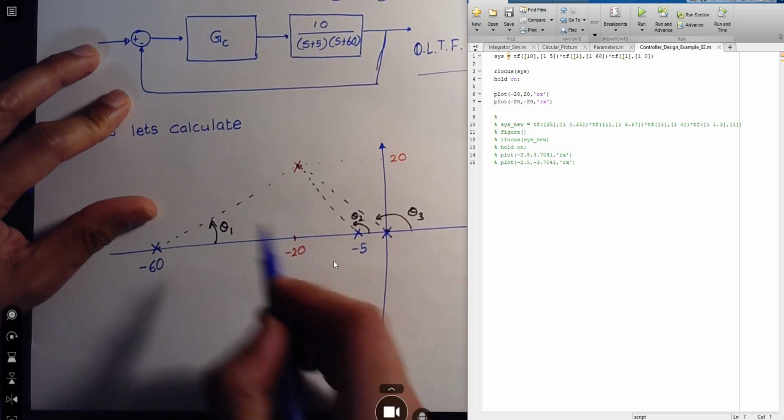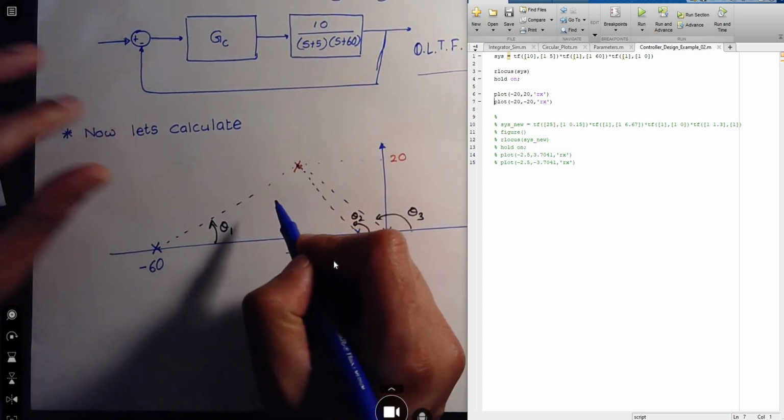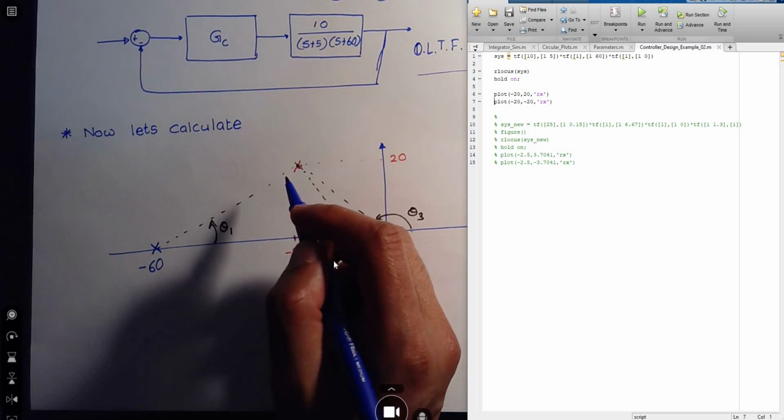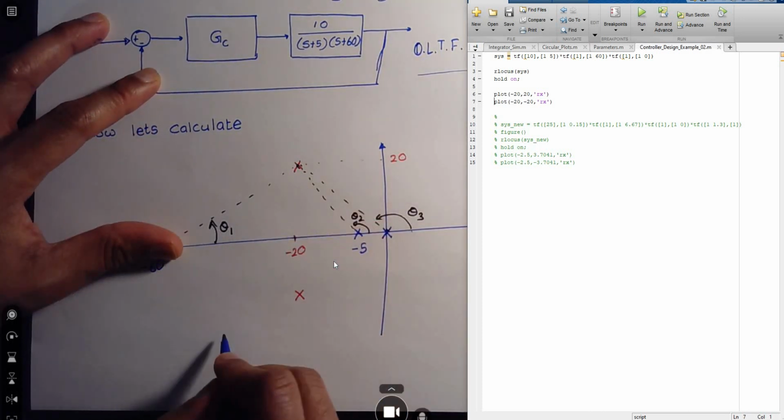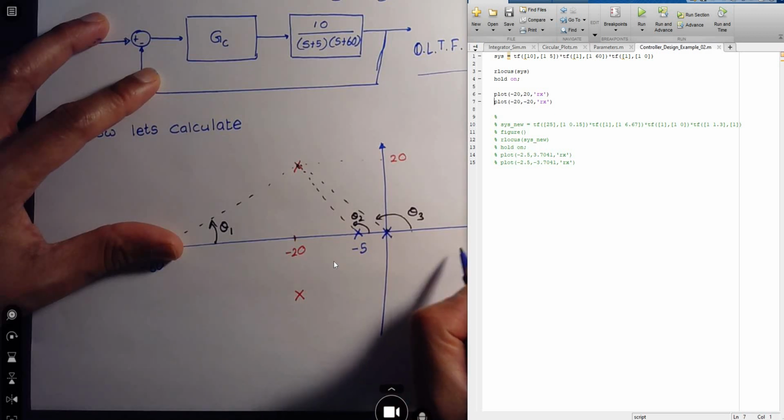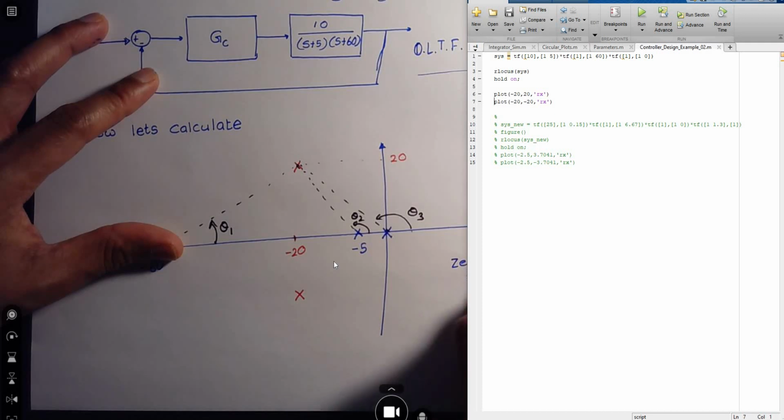So if you look at this angle, and we know these are all poles, right? And we know poles add negative angle and zeros add positive angle.